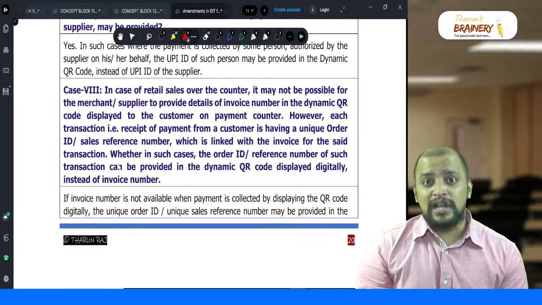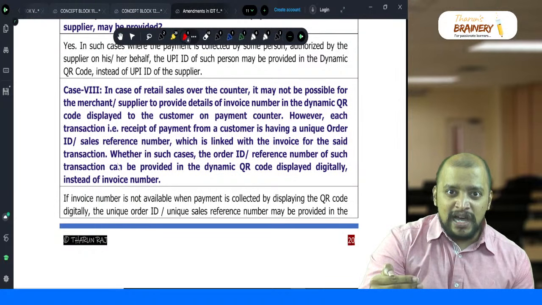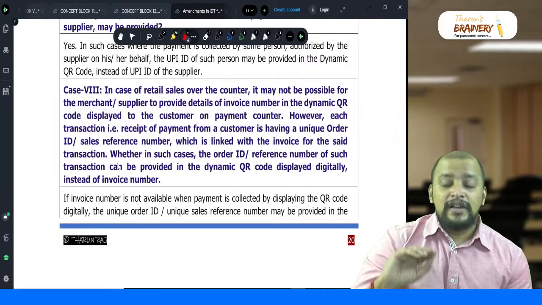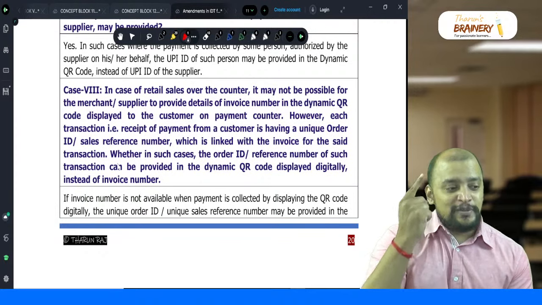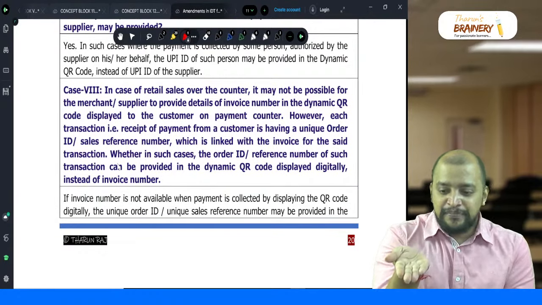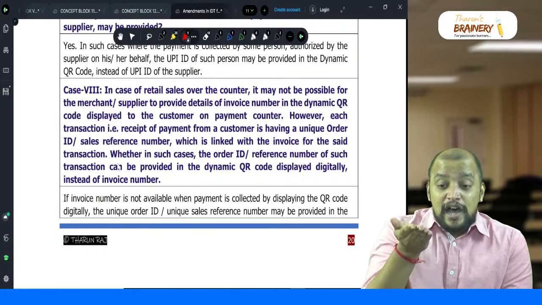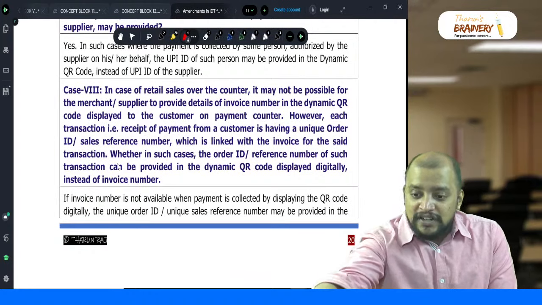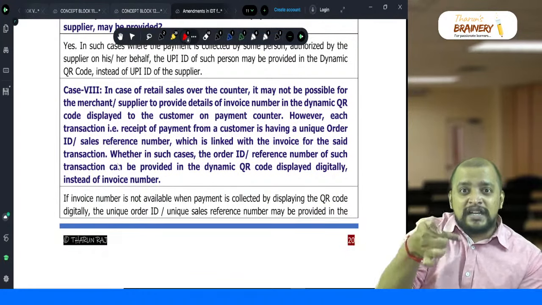So what they are doing is that there is a device. That device will have an automatic dynamic QR code. Automatic dynamic QR code means one device will be there, you scan and make the payment. The device will be like a mobile connected by a wire to the billing system.